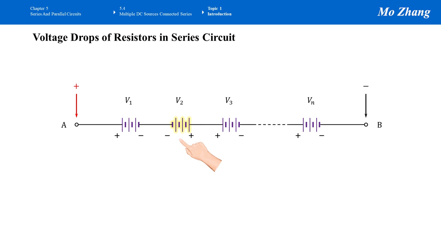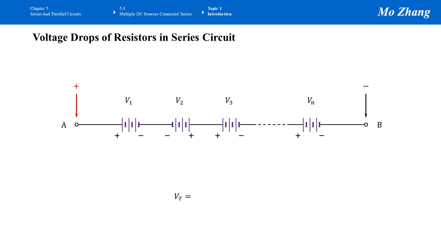Since we flip V2, in other words, V2 is the only one opposite to the other sources, and we are measuring from A, the positive terminal, A towards B. So A is the starting point, B is the ending point.